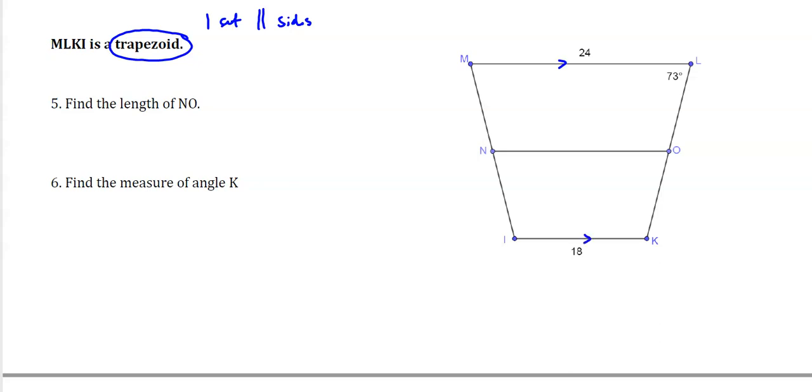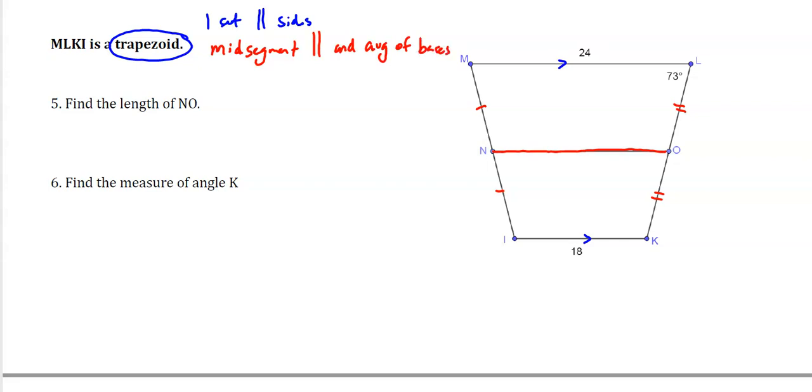But then we also do know that this mid-segment here is referred to as the mid-segment, which I think I told you in class when we went over this, chops them both in half, and the mid-segment is parallel, and it's the average of the bases.